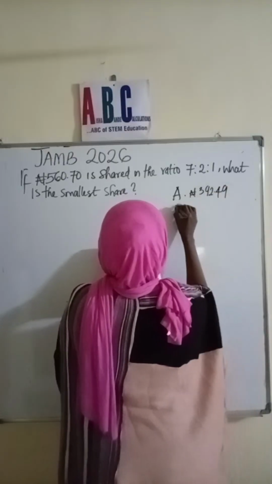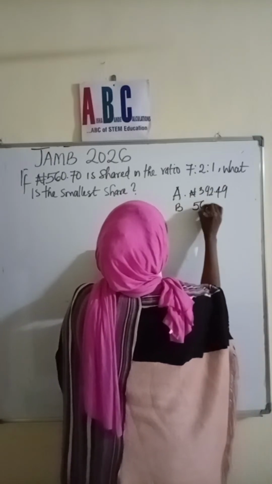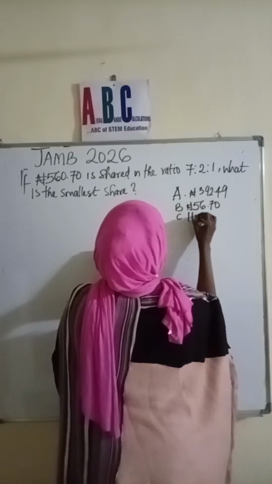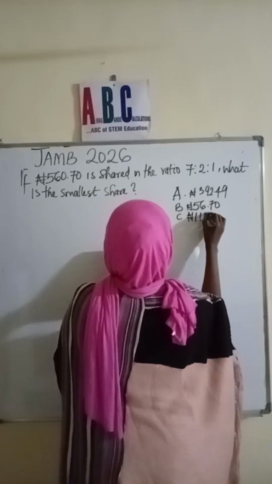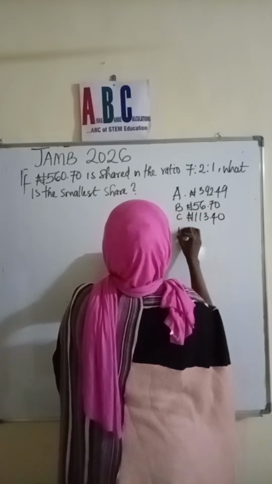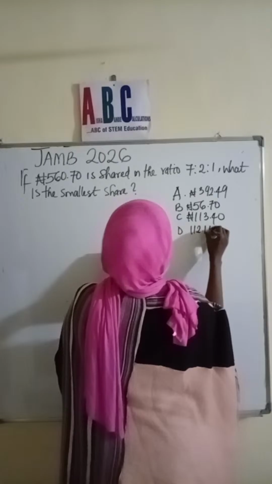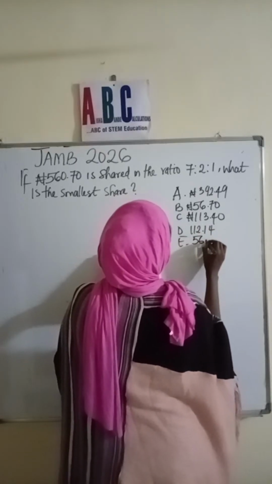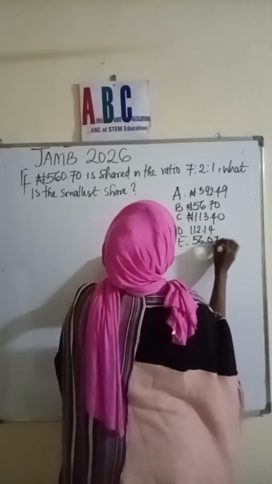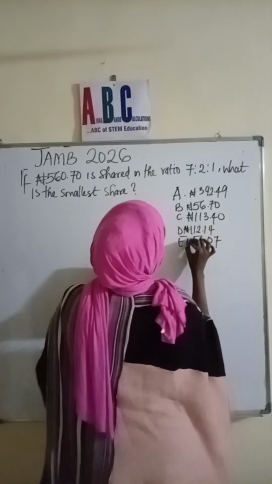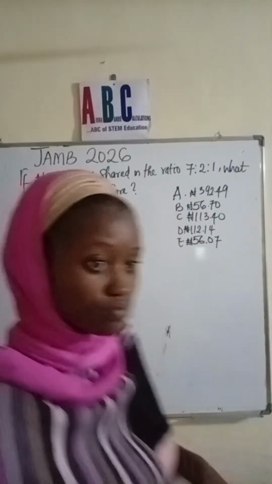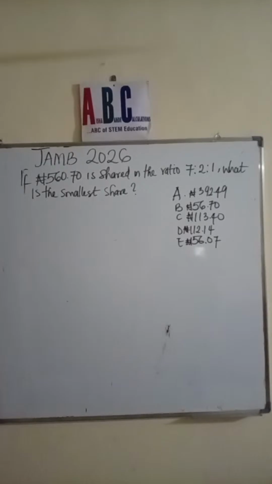The options are $392.49, 56.70, 113.40, 112.14, 56.07. So let's solve this, please. What is the smallest share from the ratio?